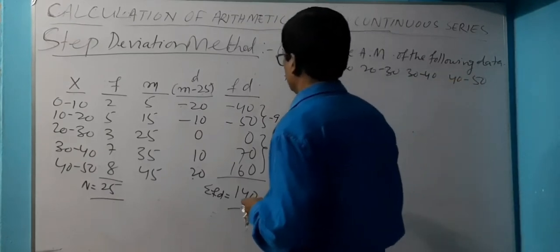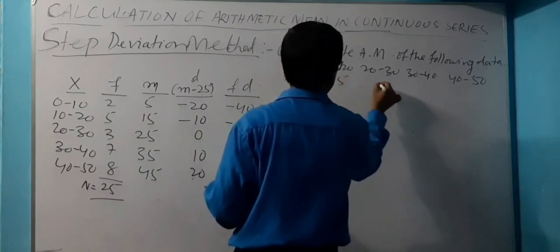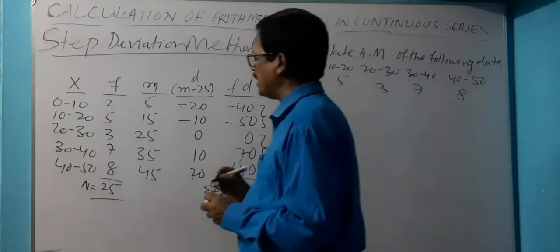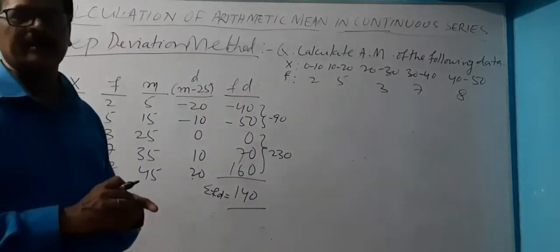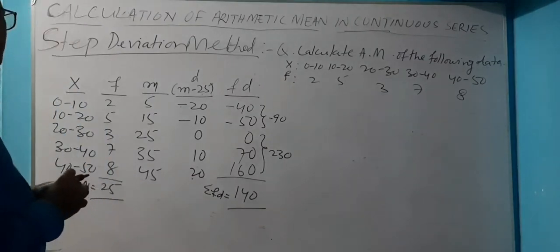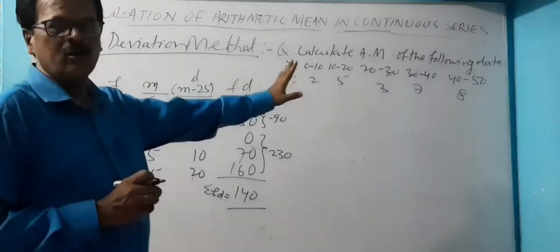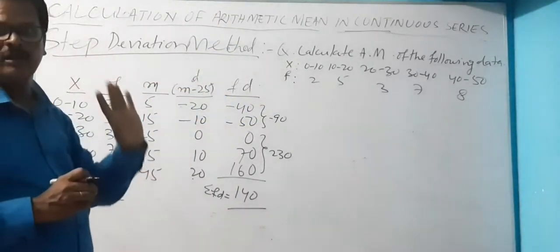Then F, same thing: 2, 5, 3, 7, 8. That is the same question. We will find out the answer through step deviation method.